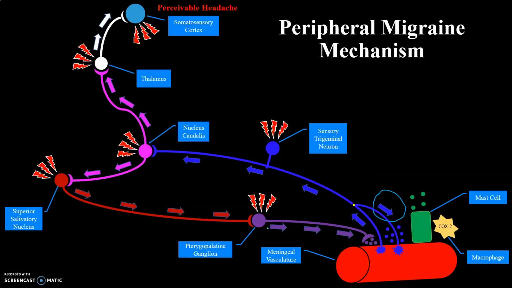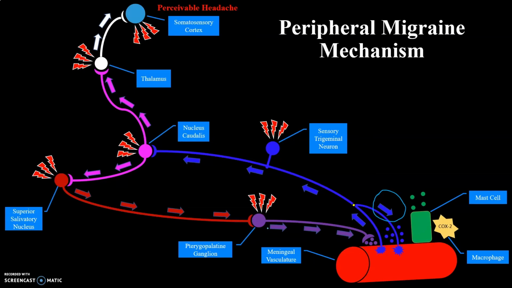So as the signaling reaches the synapse, then the parasympathetic will release acetylcholine, vasoactive intestinal polypeptide, pituitary adenylate cyclase activating peptide, neuropeptide Y, and nitric oxide, and probably others.